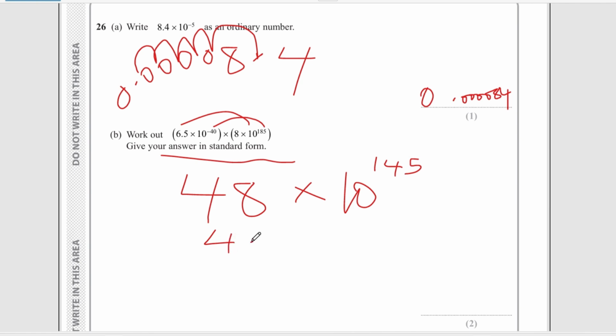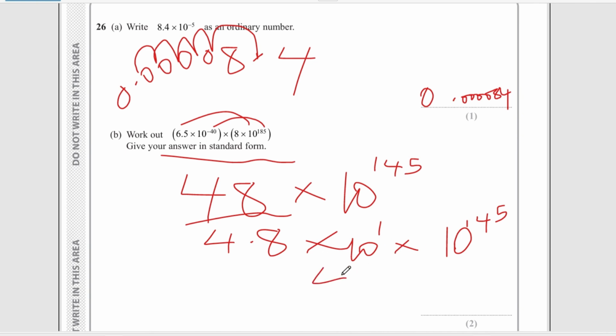So 48 is 4.8 times 10, right? And then you have 10 to the power of 145. You see this 10 is 10 to the power of 1. So 1 and 145 can add. So you can say 4.8 times 10 to the power of 146, like that.